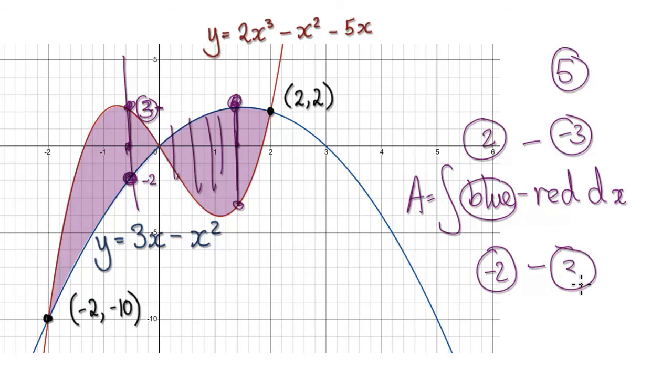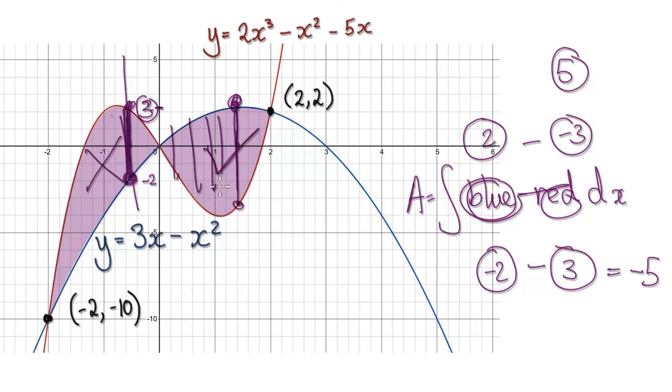Take away positive 3, it will give you a length of negative 5. But a length is a length. You can't have a negative length. So this blue take away red won't work in this region, but it will work in this region.